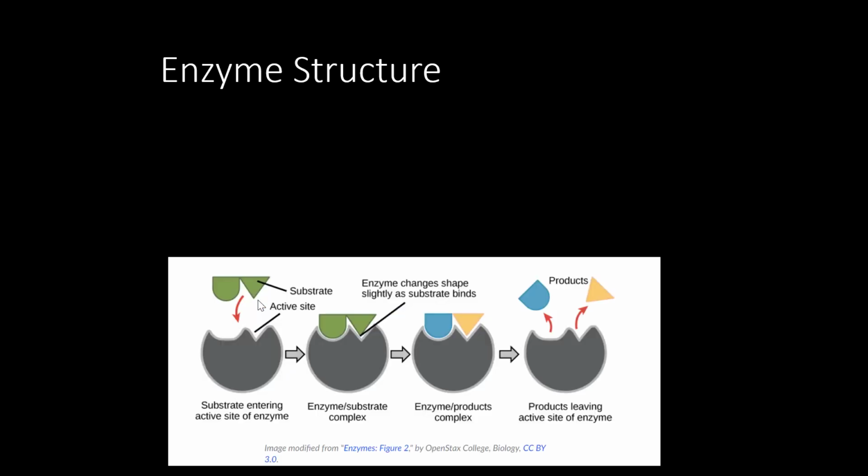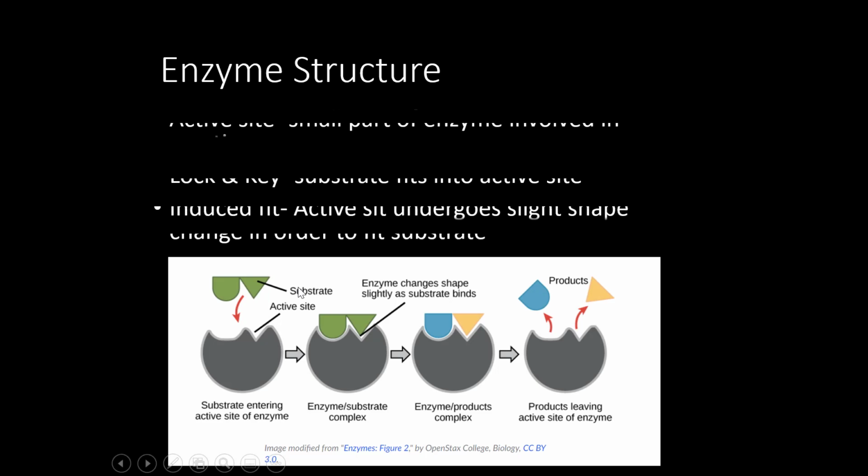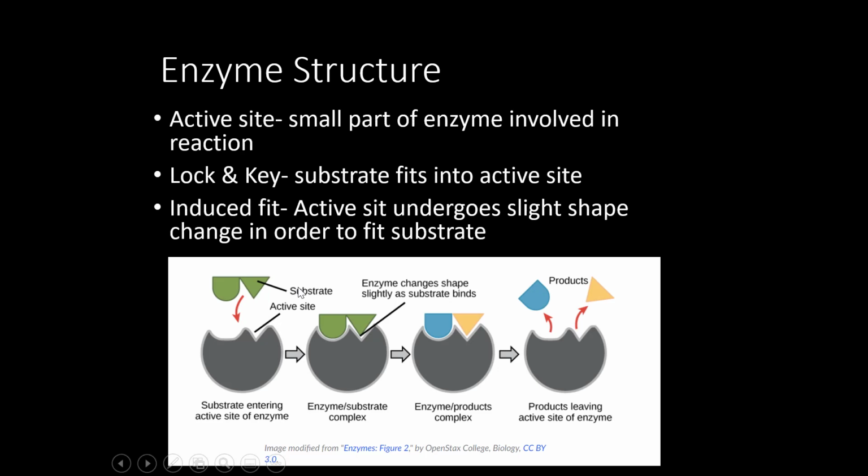So when we look at a specific enzyme, we traditionally used to say that it has an active site, which is where a part of the enzyme is going to be used for the chemical reaction, and it follows the lock and key mechanism, which means that the substrate, or the reactant, or the chemical that we want to break down or build up, if it's a different type of enzyme, will fit into the active site and it will facilitate the chemical reaction.